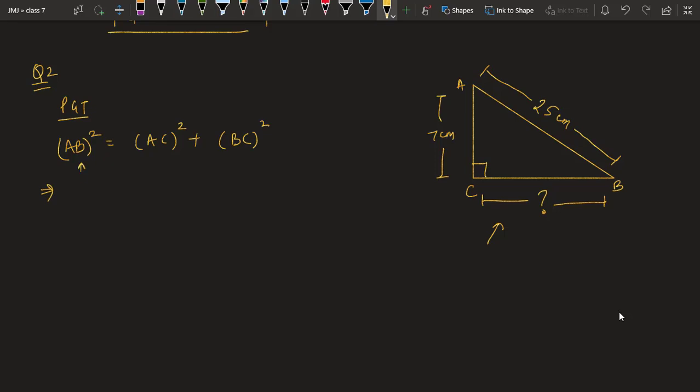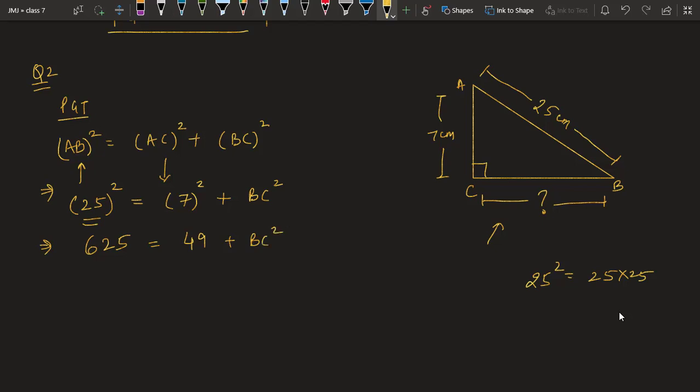We know value of AB is given to us 25 square is equal to AC is given to us 7 square, BC is unknown. So solve it. 25 square means we have to find 25 into 25. It will come out as 625 is equal to 7 square is 49 plus BC square.